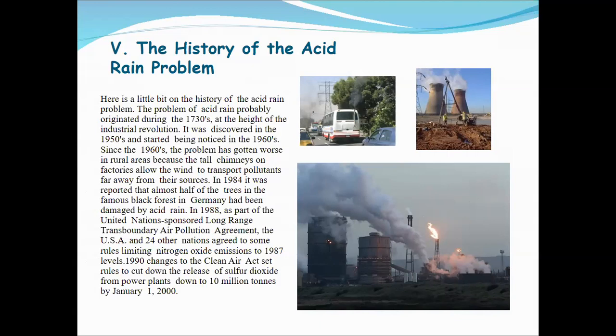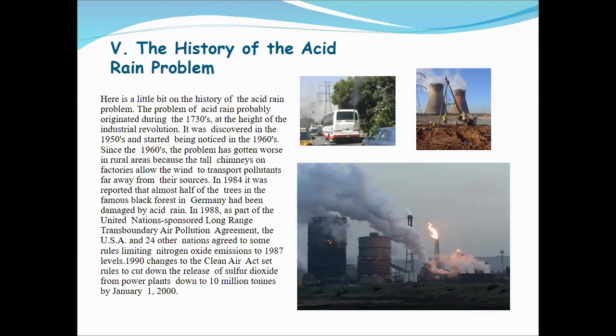In 1984, it was reported that almost half of the trees in the famous Black Forest in Germany had been damaged by acid rain. So it was a very huge loss. In 1988, as part of the United Nations sponsored Long-Range Transboundary Air Pollution Agreement, the USA and 24 other nations agreed to some rules limiting nitrogen oxide emissions to 1987 levels.